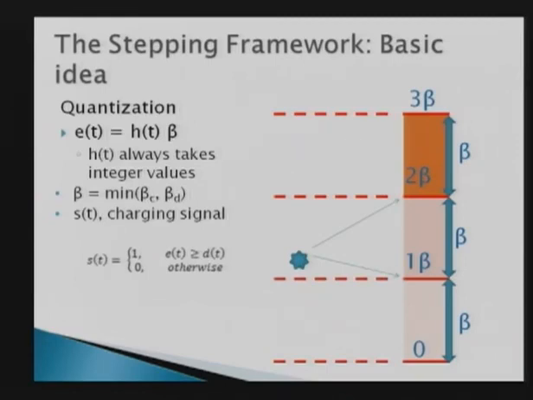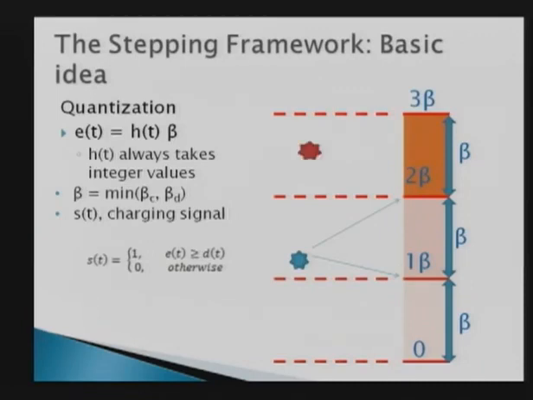But because the battery is empty, we cannot discharge the battery, so the output has to be 2 beta. That means beta should be smaller than the max charge rate. Similarly, if this point is around 2 beta, then we have to set beta to be smaller than the max discharge rate, beta D. So beta should be the smaller one of beta C and beta D.